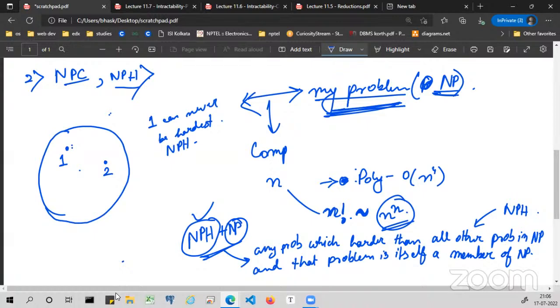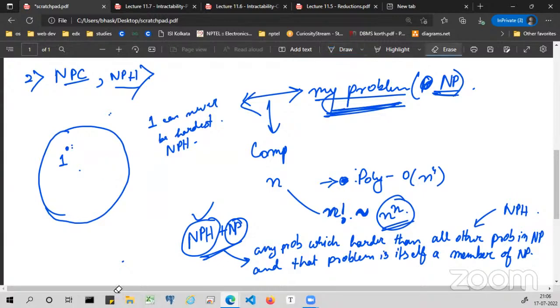So those kinds of problems exist, which are equally hard and they are hardest of all others. So there is a huge difference between NP and NP hard. NP means any exponential problem, as of now by observation. NP hard means problems which are hardest of all other problems. So that's why NP and NP hard are different.